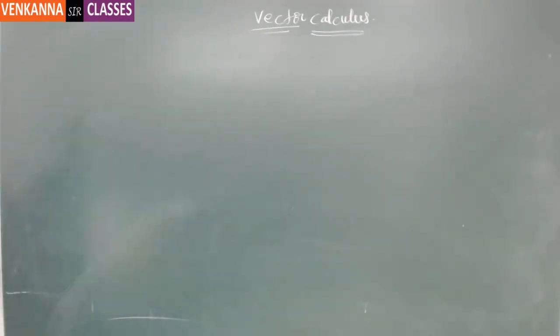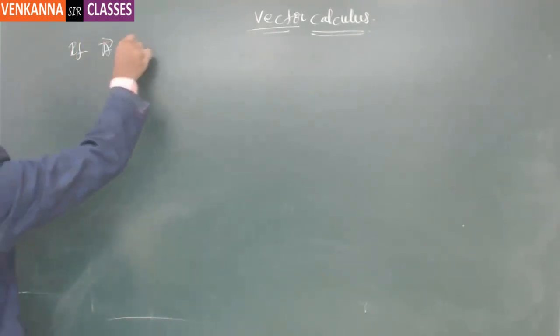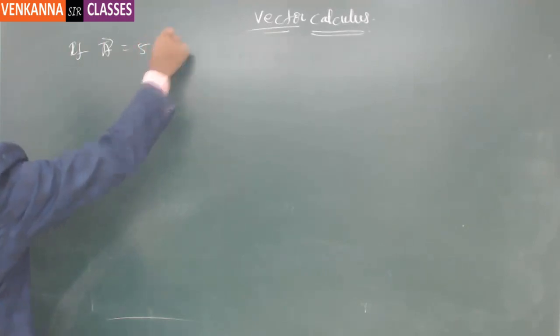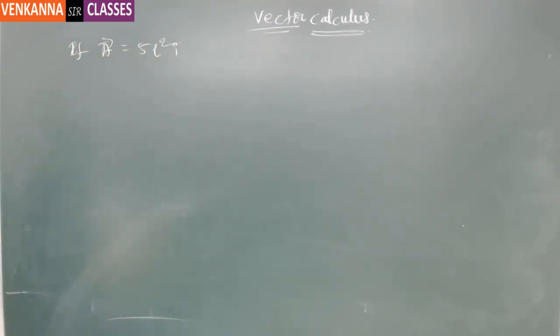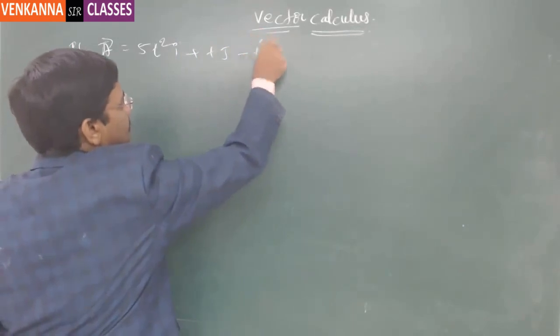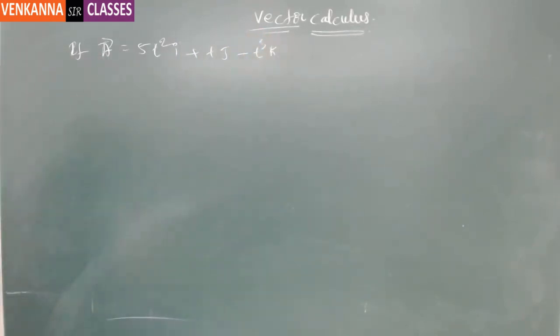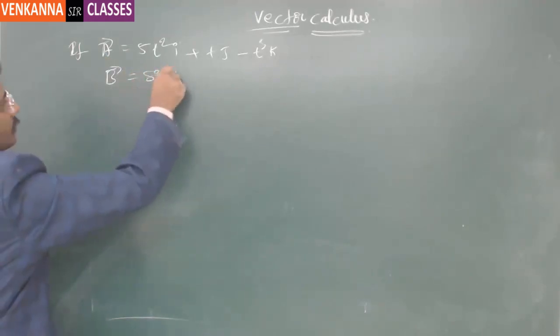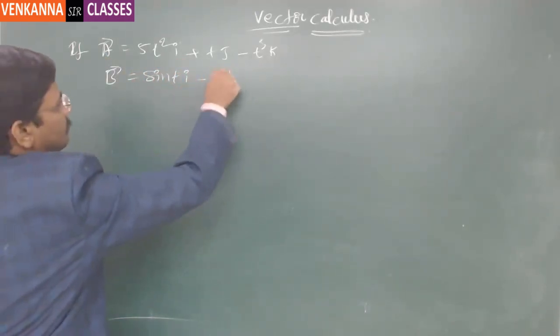So note down one more. If A is equal to 5t square into i plus tj minus t cube k, B equal to sin t i minus cos t j.